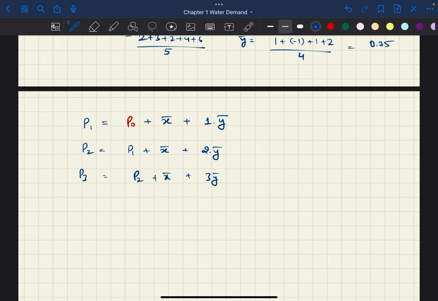So the general expression is going to be Pn is equal to P naught plus nx bar plus n(n plus 1) divided by 2 y bar. Because if you expand it, it will look like this: P naught plus 2x bar plus 3y bar.